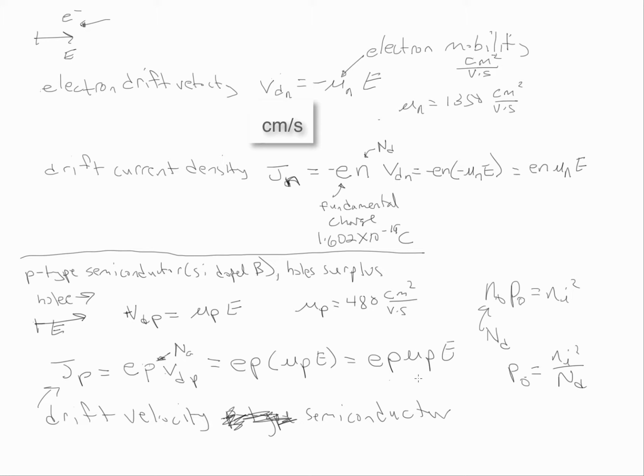And then you could plug that into there and calculate the drift velocity for the holes. So we could just say drift velocity for holes here. And the other one is the electron drift velocity.